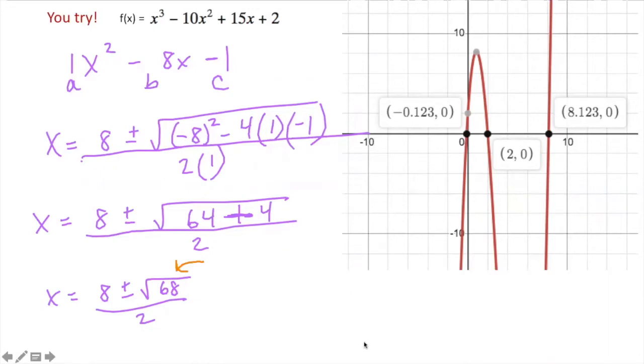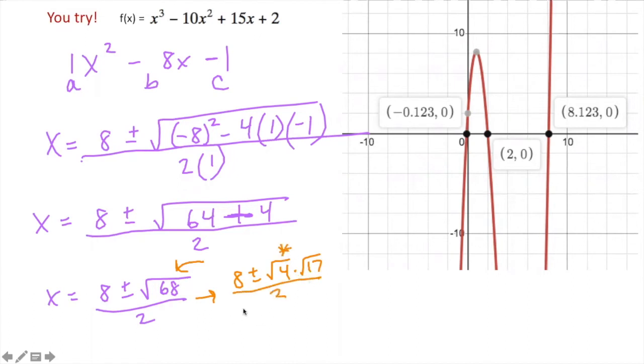All right, so we will say we have 8 plus or minus, since 68 is divisible by 4, we're going to say it's root 4 times root 17, because 4 times 17 gets you back to 68. 4 being the perfect square, all over 2.